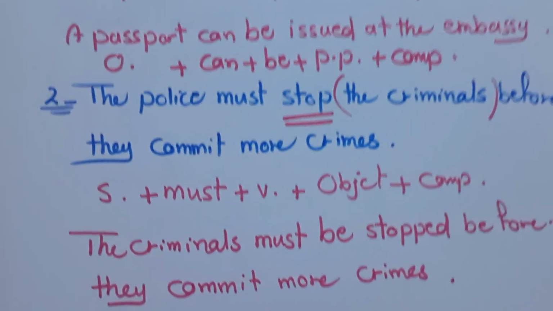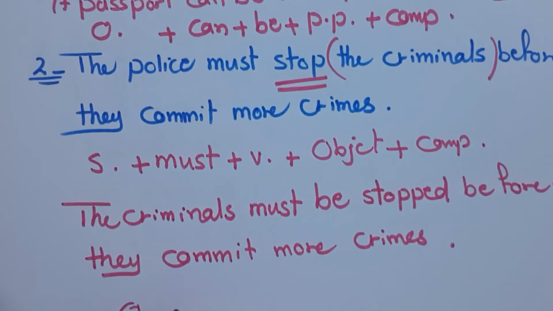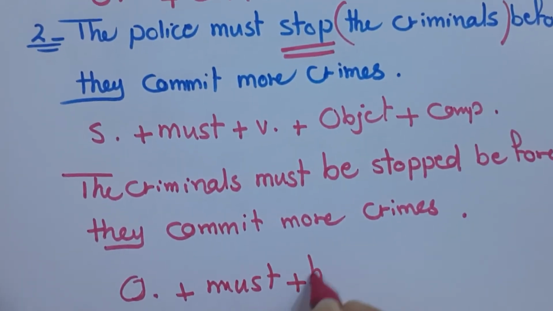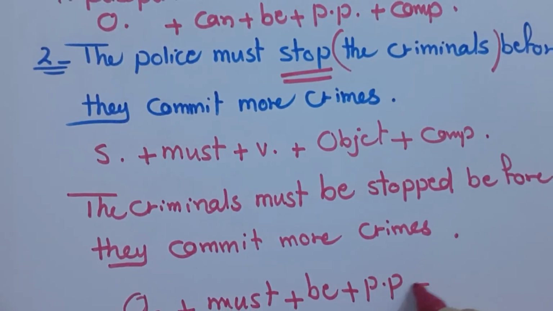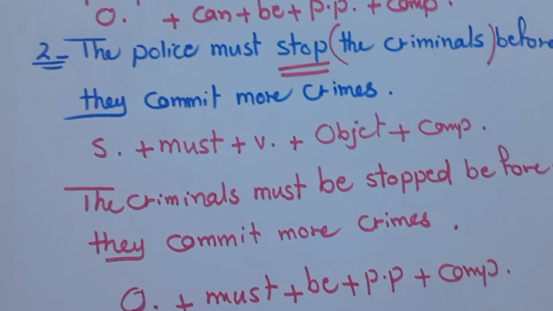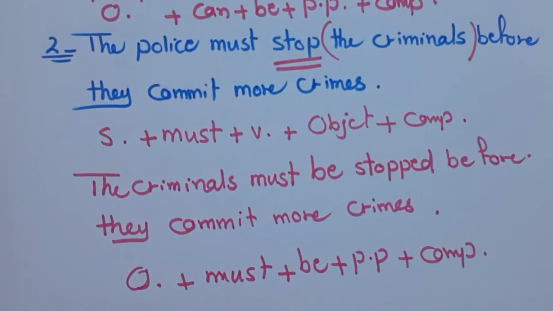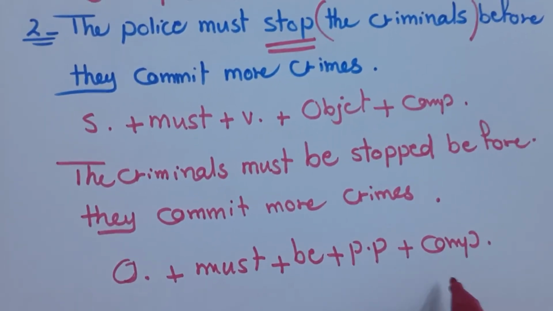So we have the rule, an object, which is the criminals, followed by must, be, and the past participle, then comes the complement. So if you have a modal, you put the object, then the modal, followed by be, and after that put the past participle and the complement.